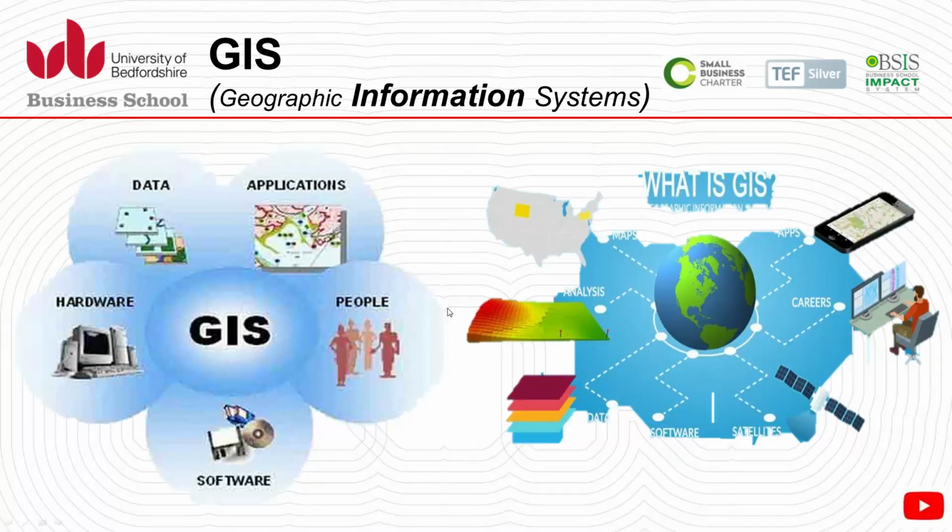So the GIS, the Geographic Information System, is a computer system for capturing, storing, checking, analyzing, and displaying various data related to positioning on the Earth.